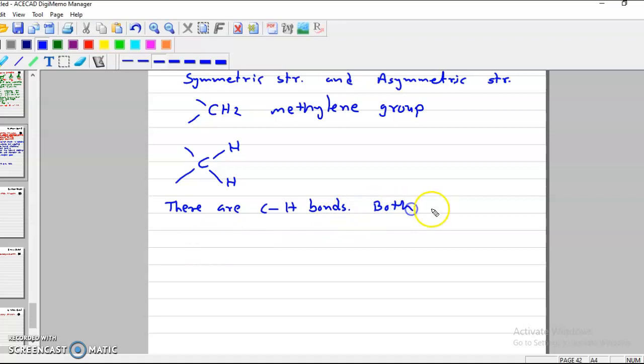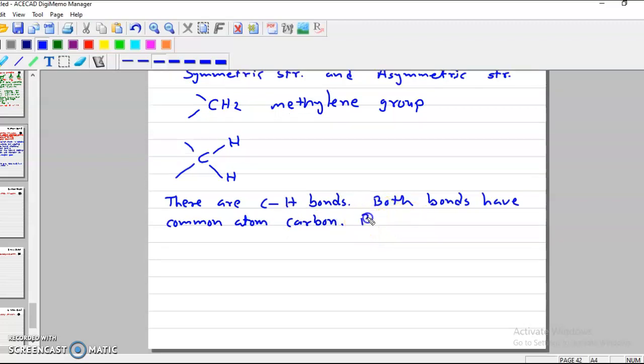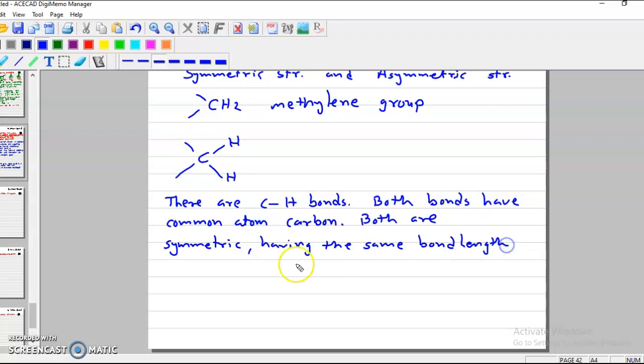Both bonds have common atom, carbon. Both are symmetric, having the same bond length. And so they possess same bond strength.